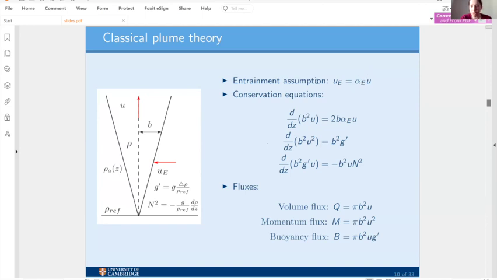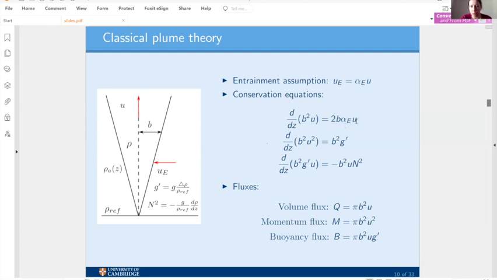Now, if we make this entrainment assumption, we can write a system of differential equations that describes the dynamics of this rising plume. This system of differential equations will consist of three equations here. So B is here the half-width of the plume, and U is the typical centerline velocity of the plume.